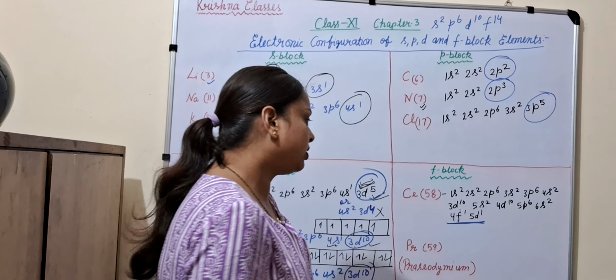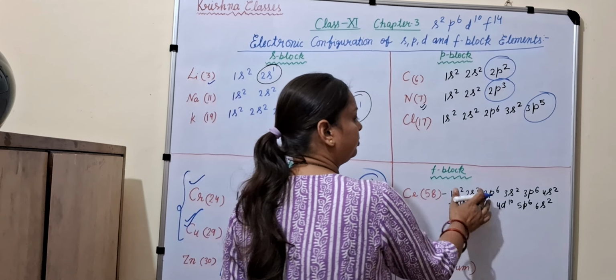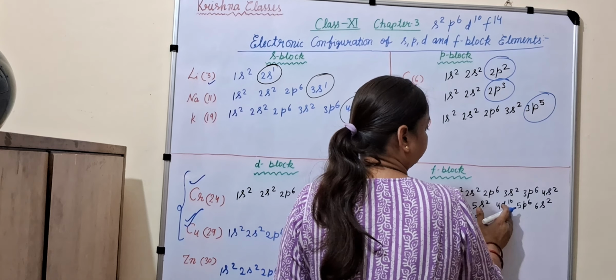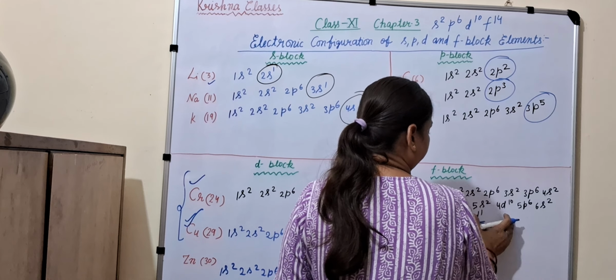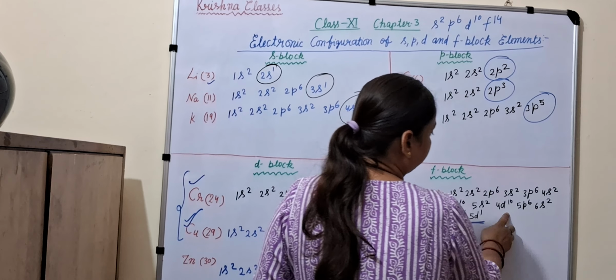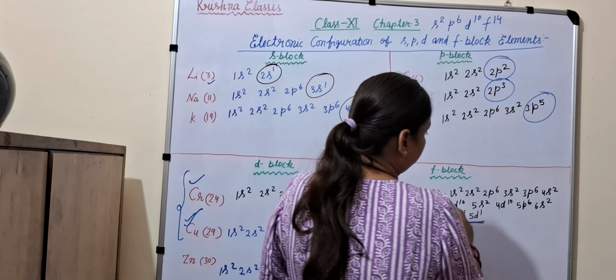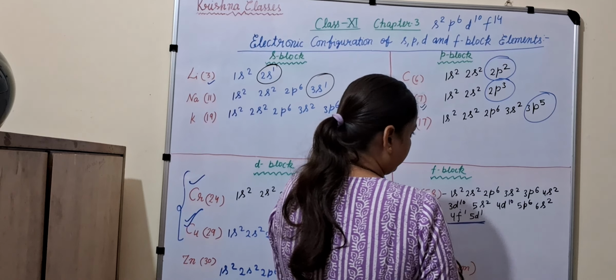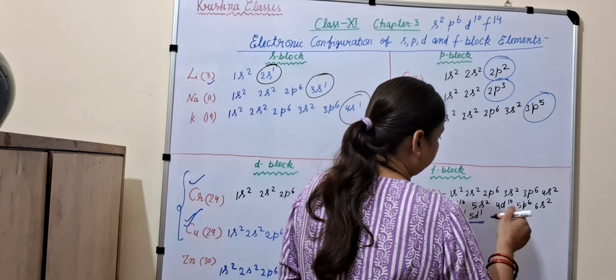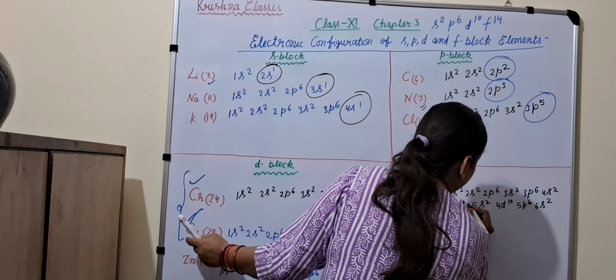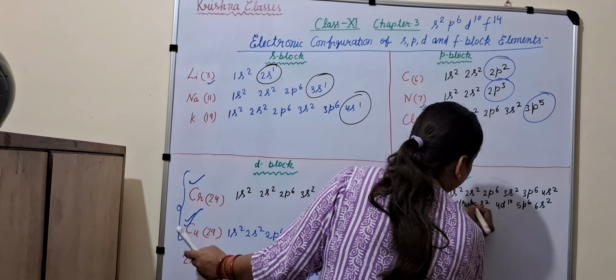Okay, so here it should be 3d10, 4p6 also here, 4p6 also.